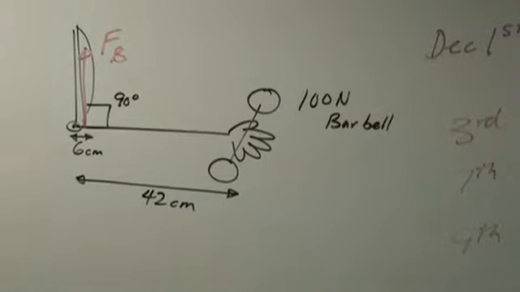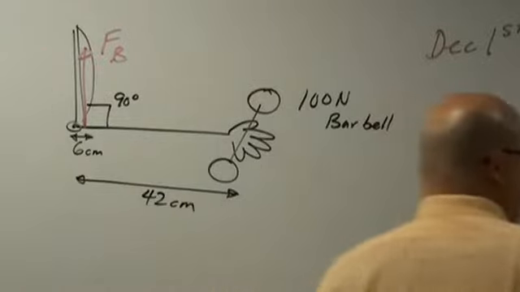All right, now, in order to hold this in place, what must be true? Torque equals 0. The torque must be 0. The force that your bicep applies. Okay, now wait a minute. Let's get this right.